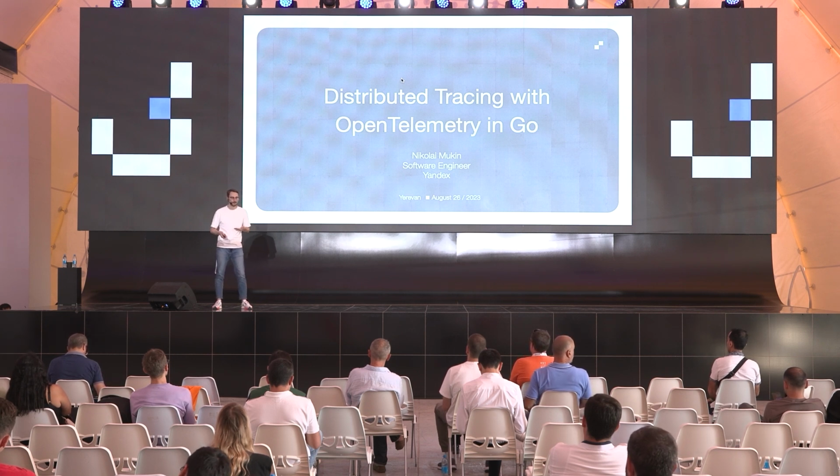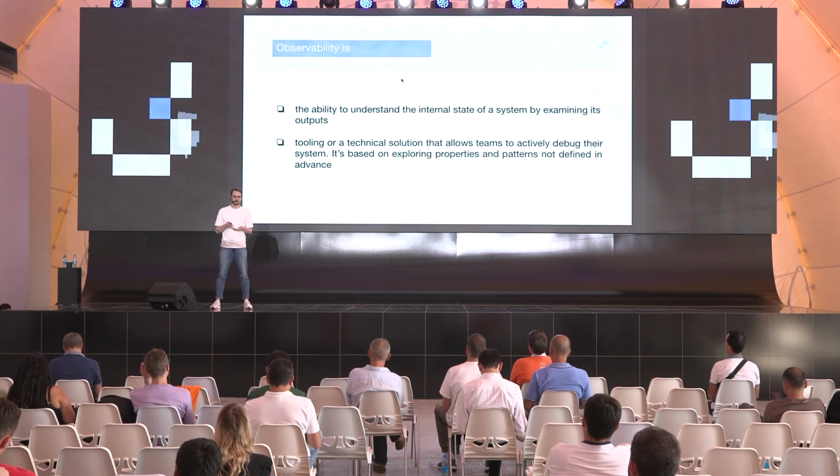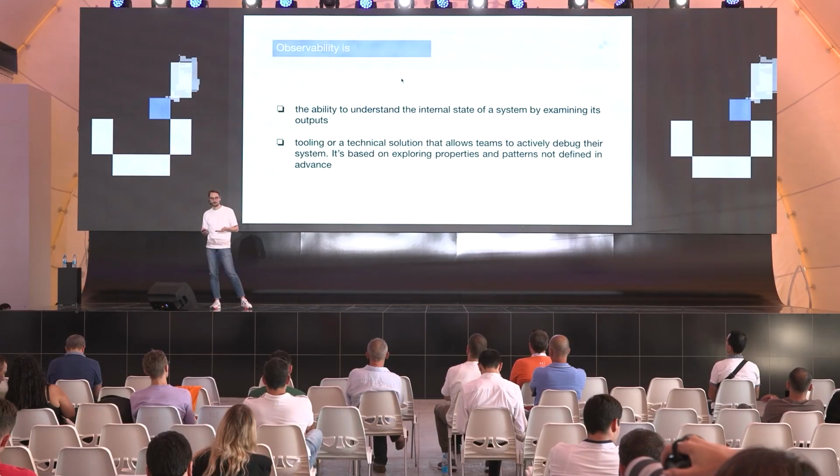This is an extreme example, but overall, observability, the ability to understand how the system behaves, is essential for engineering. The term observability has several definitions. One of them is that observability is the ability to understand the inner state of the system given its outputs. Another is that observability is a technical solution that allows teams to debug their systems.